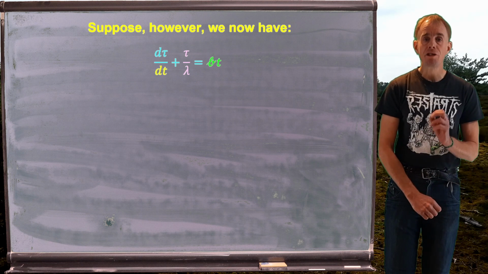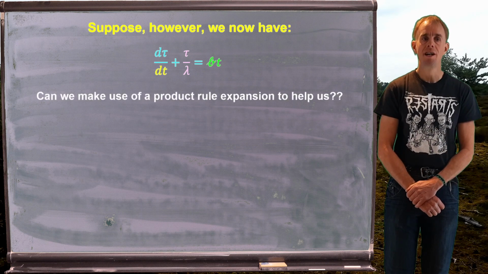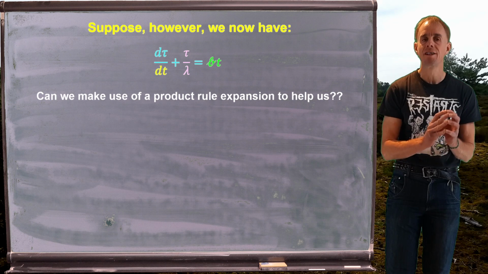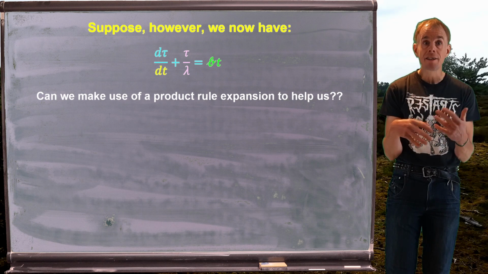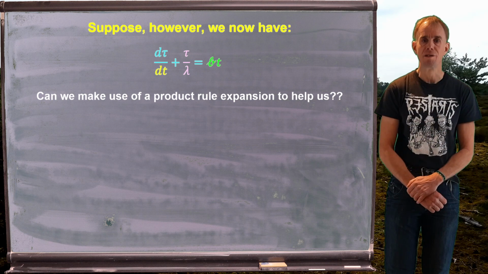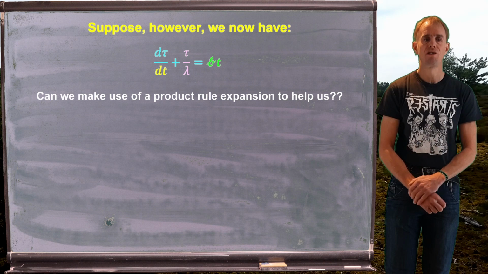So, there is a nice approach we can take, called the integrating factor approach, that tries to make use of a product rule expansion on the left-hand side to try and gather together the terms that we need such that we can use direct integration. So let me explain or remind you how this works.